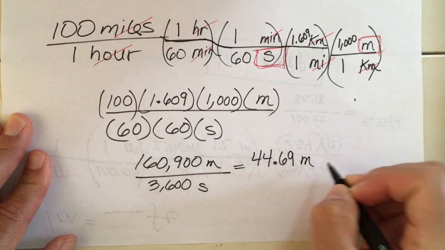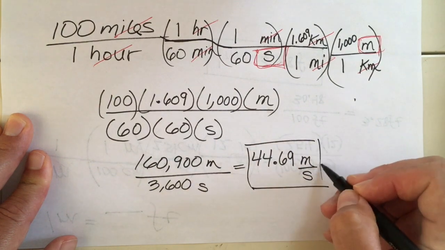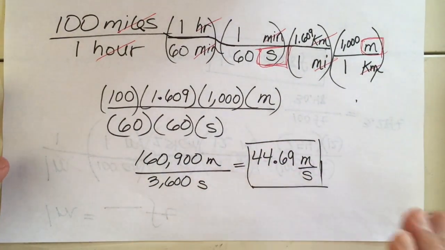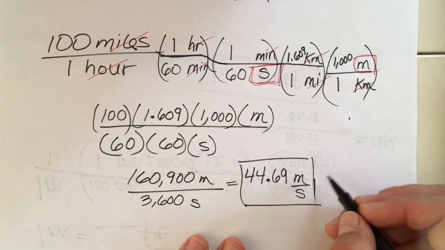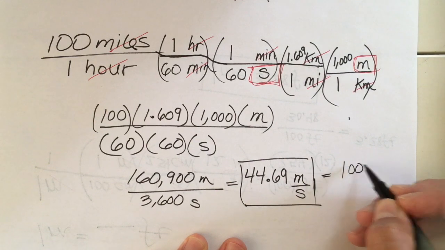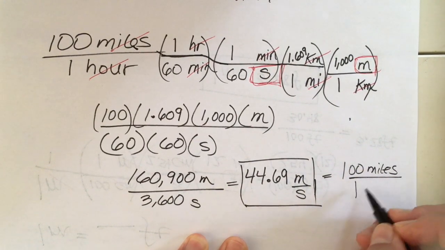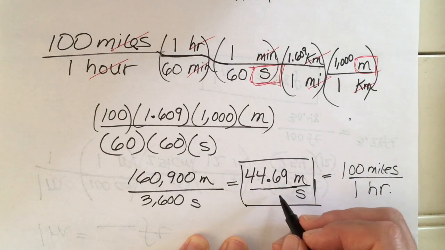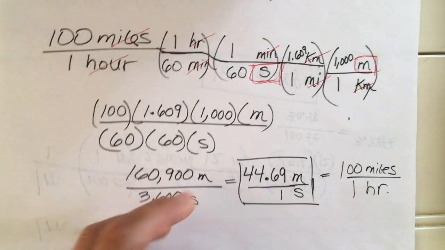And this is going to be in meters per second. Okay, so there's a significant difference, right? We're saying that this is equal to 100 miles per 1 hour. That is the same as 44.69 meters per 1 second.